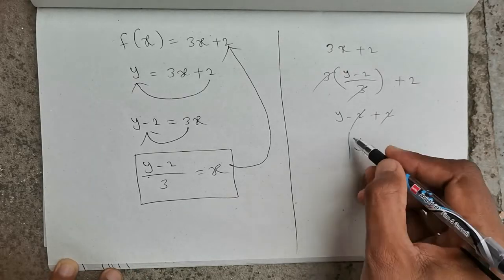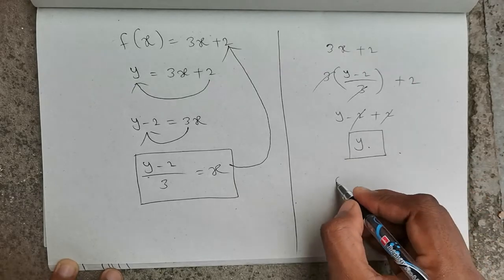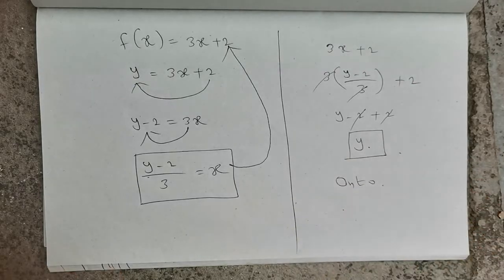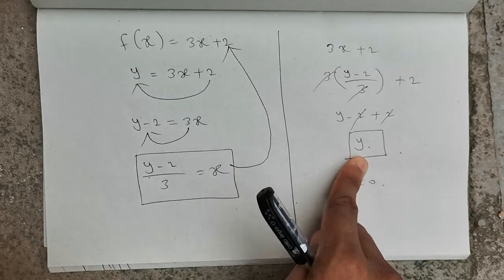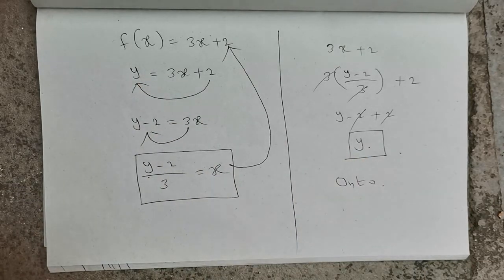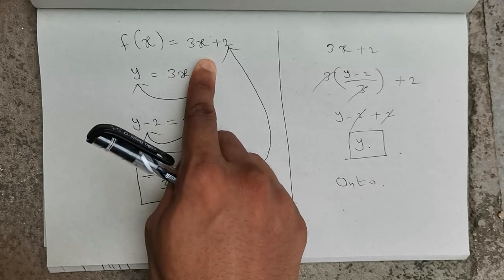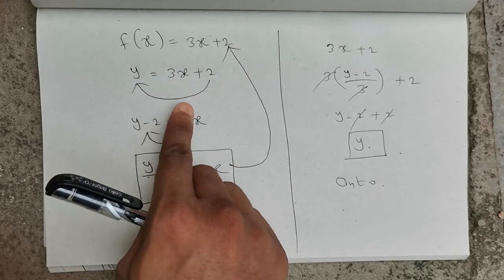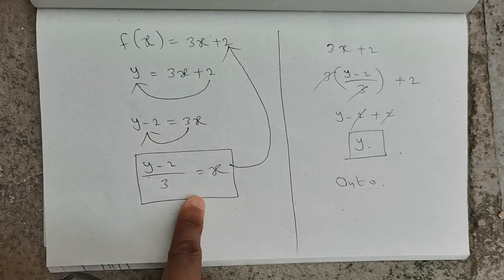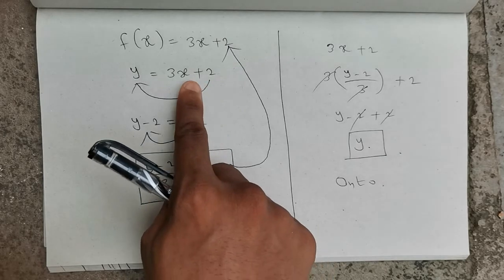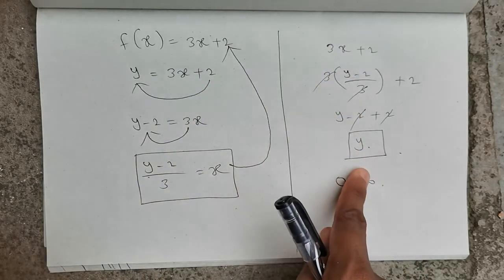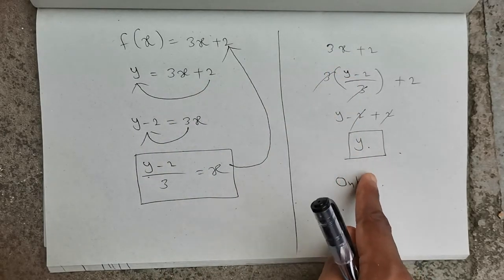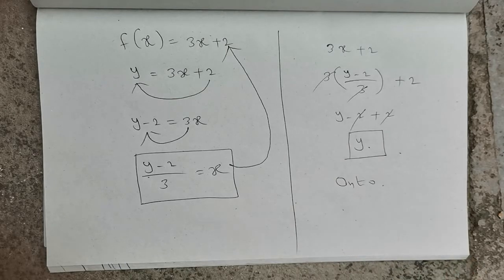So finally if you get the answer y, then it is onto function. Otherwise we can say here y is equals to y exactly. So first take the given linear function is equals to y, and from that get the value for x. That x value you substitute in the function again. You need to get the answer y. If you get the answer y, then it is onto, otherwise not onto.